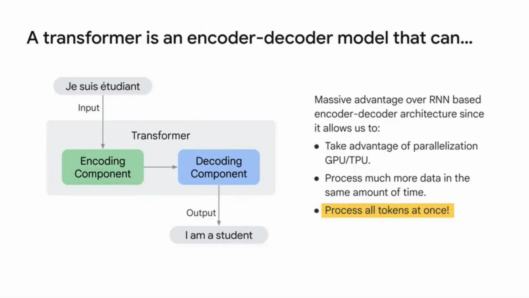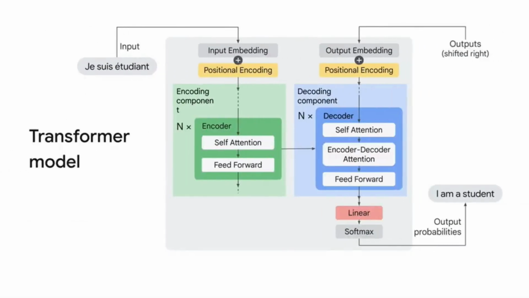A transformer is an encoder-decoder model that uses the attention mechanism. It can take advantage of parallelization and also process a large amount of data at the same time because of its model architecture. Attention mechanism helps improve the performance of machine translation applications.